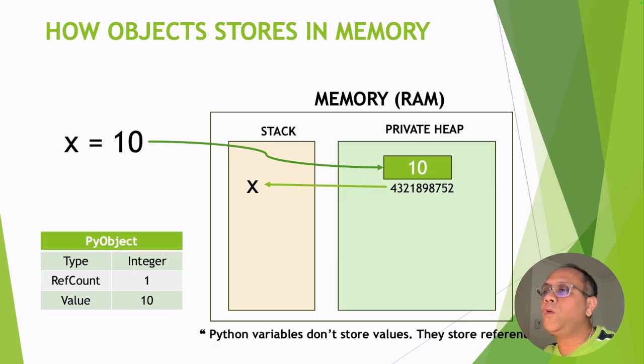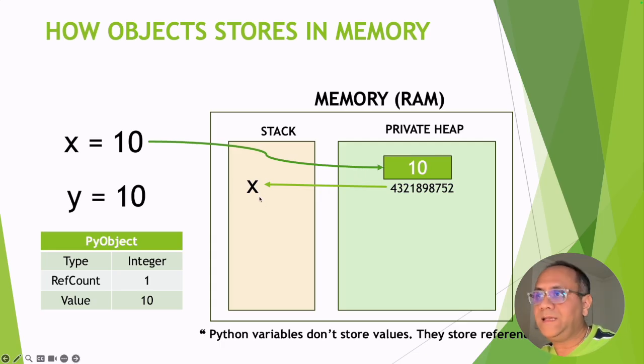Let's say you create another variable and also assign the same value 10. Now you think another object will be created in memory, right, but that doesn't happen. Python checks that the same integer object 10 is already present in memory and being referenced by the variable x.